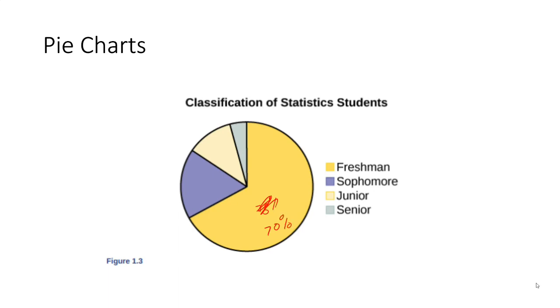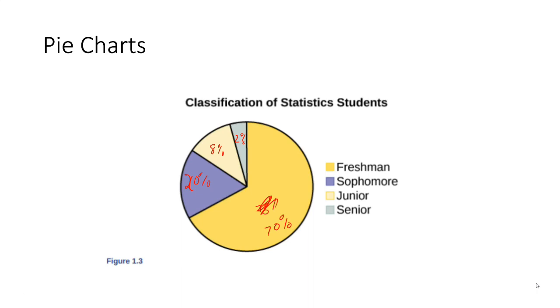We try to make the slice of the pie to be the correct percentage. And then this one looks like about 10%. We try to match these up. Maybe this is 8%. This isn't going to work. My numbers don't work out. Let's say that's 20. And this is 2%. So our slices of the pie should represent the percentages.